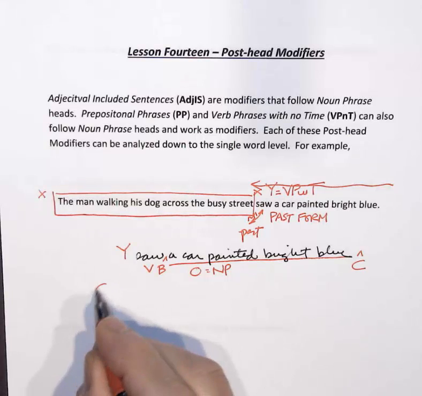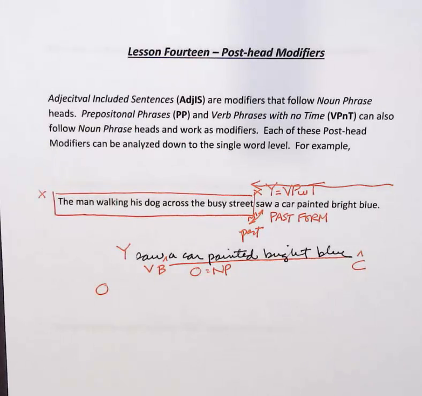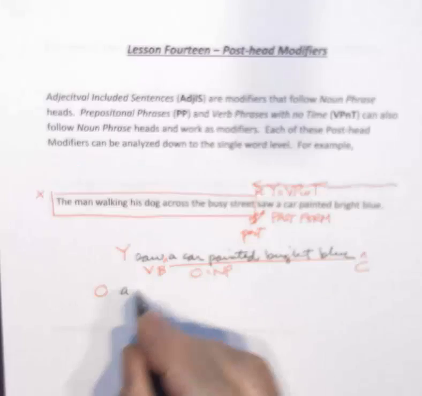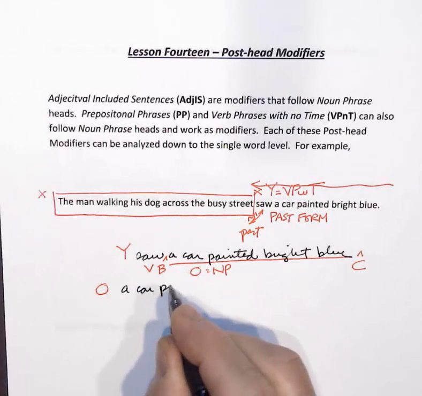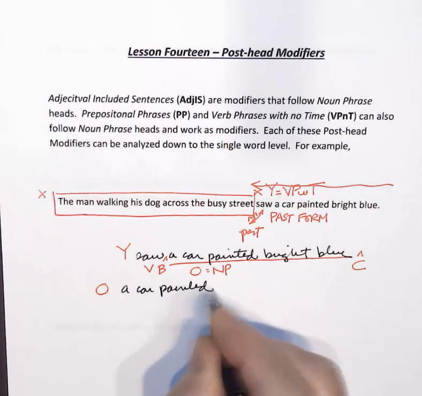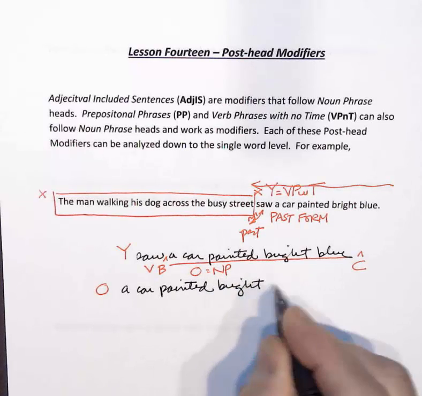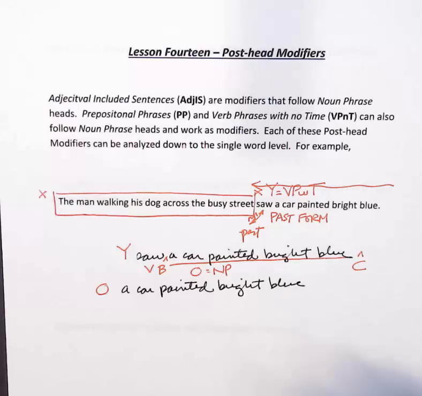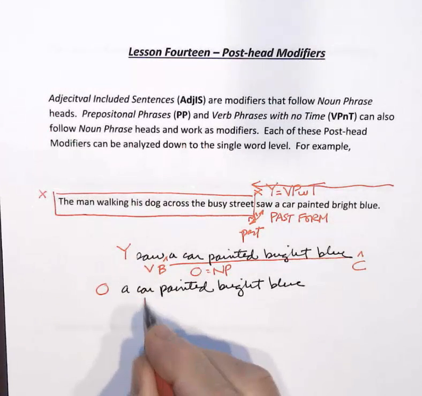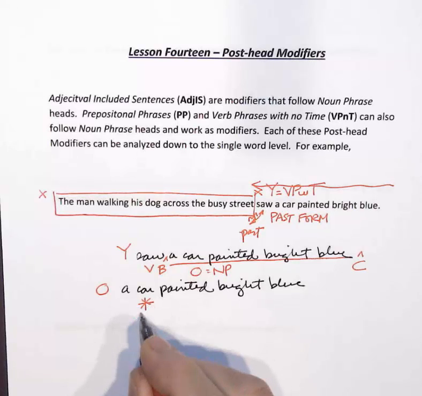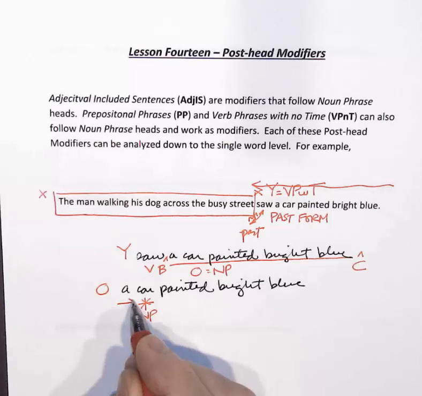Now we're able to take noun phrases, a car painted bright blue, and we're able to analyze them by first finding the head, car, that's our noun phrase head, and labeling the modifiers.